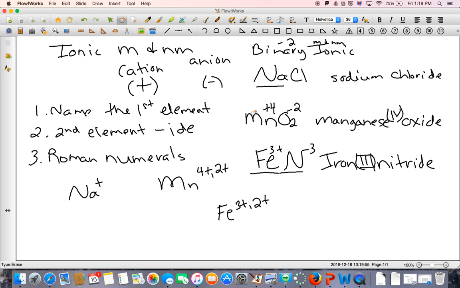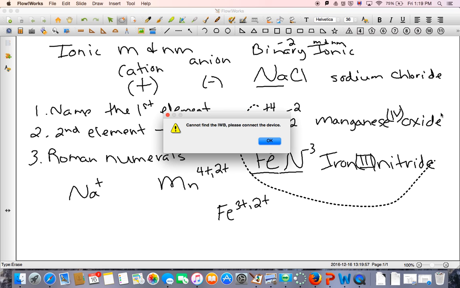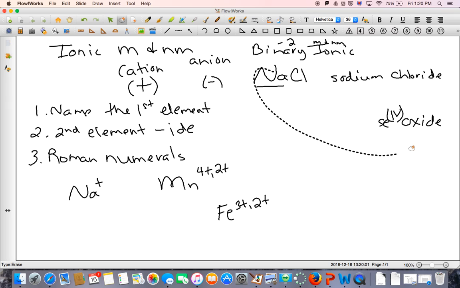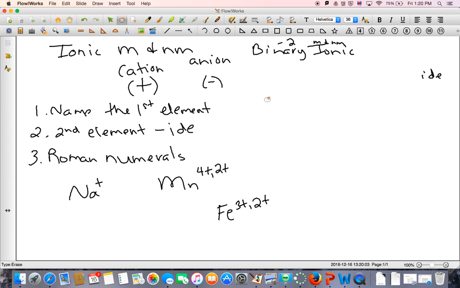So these are binary ionic, writing the names from the formulas. Now I want to go the other way for a second and write the formulas from the names. We'll do a couple of these, and then we'll stop this video and give you another video for polyatomics. Let's say I give you calcium chloride to start.